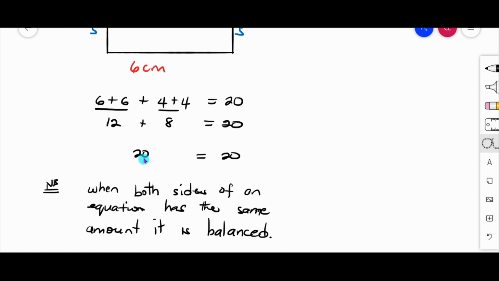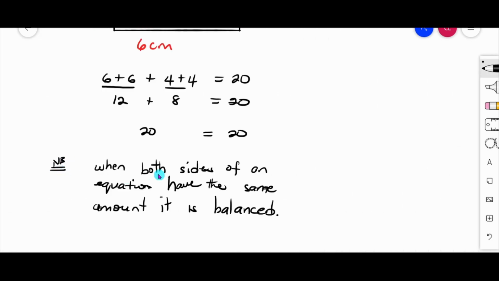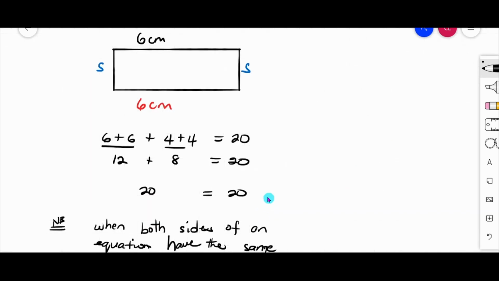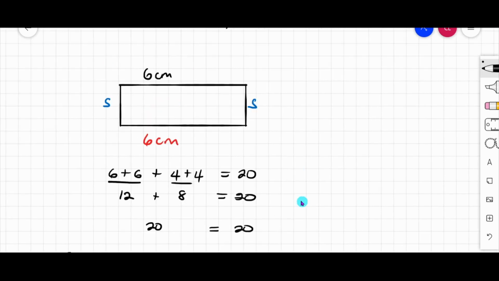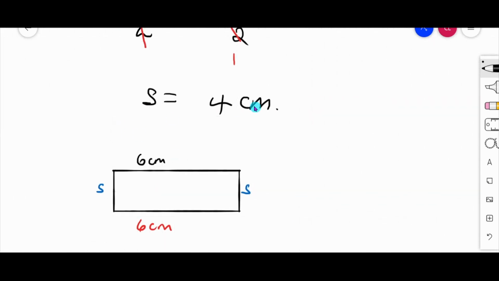And when we are done, we have 20 on the left-hand side, and we have 20 on the right-hand side. Now, please note, when both sides of an equation have the same amount, it is balanced. And in this case, I know that I'm correct once I get 20 on both sides of the equal sign. All right. So one side is equal to 4 centimeters.